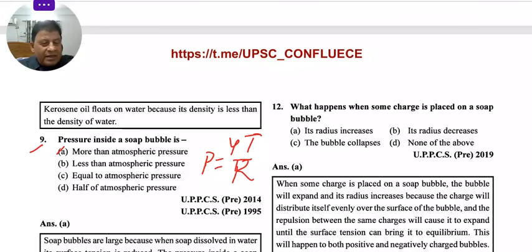P pressure, T surface tension, R is the radius of the bubble. Remember, P is equal to 4T by R. This is the excess pressure inside the soap bubble, right?